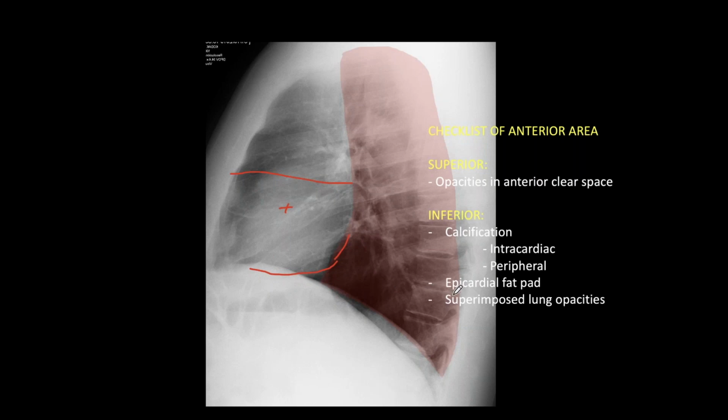And especially, this is the most important thing, look for superimposed lung abnormalities in the anatomic areas of the lingula and right middle lobe. And finally, the sternum is a special area, always study it with CT, and remember that the majority of the lesions are malignant.